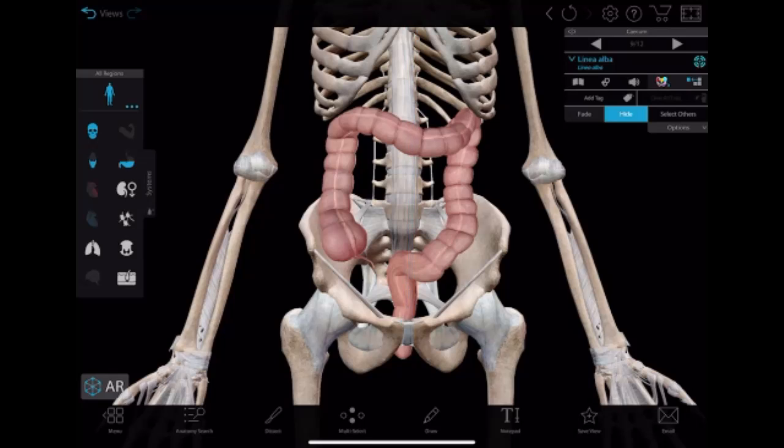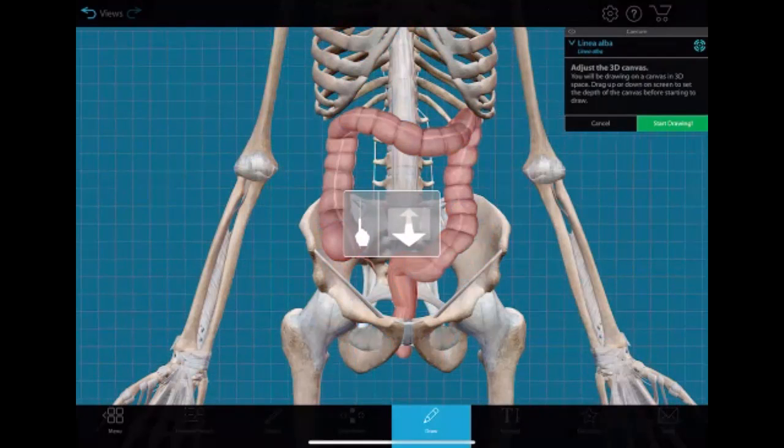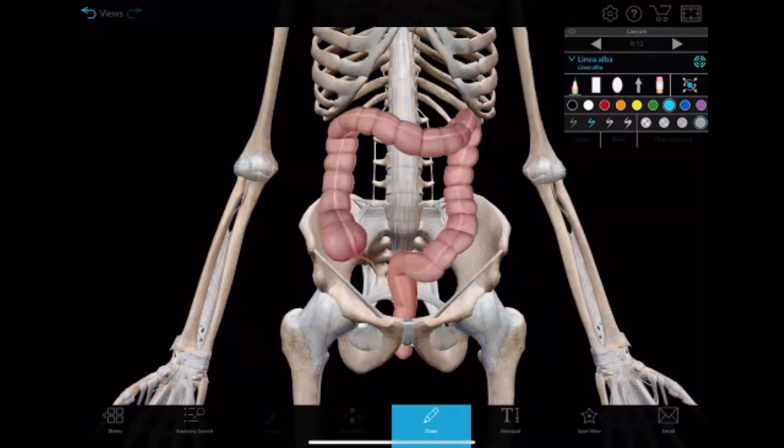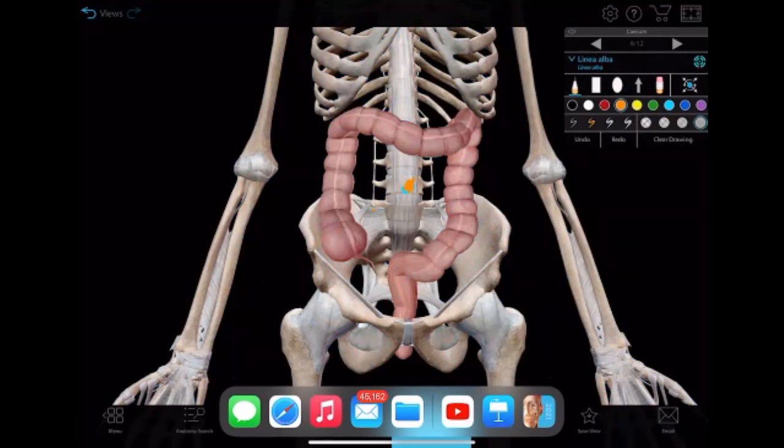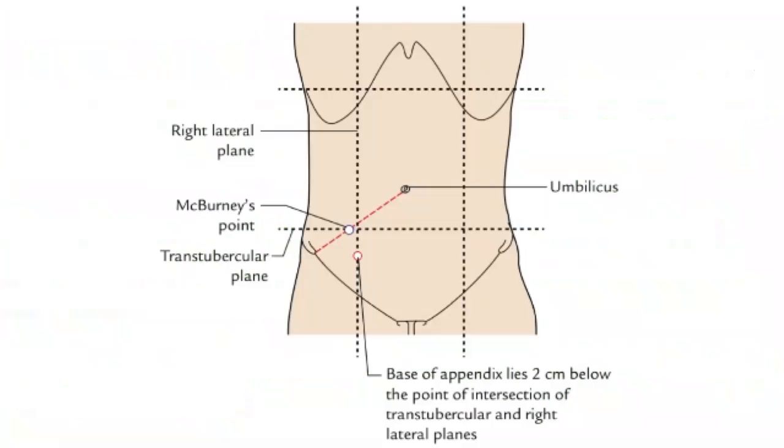McBurney's point is, this is the umbilicus, plane going from, okay. This one is McBurney's point, right?